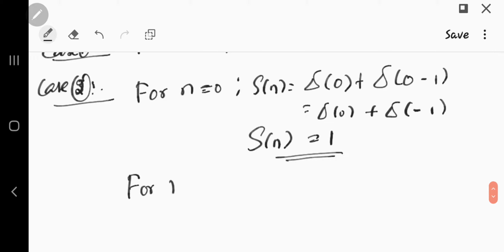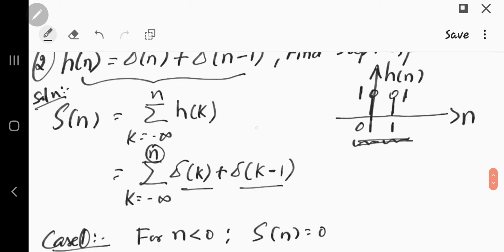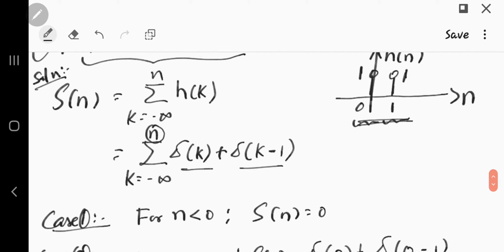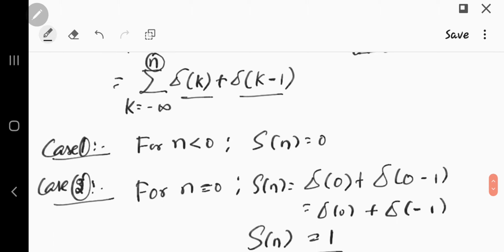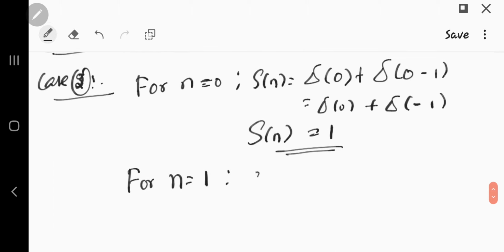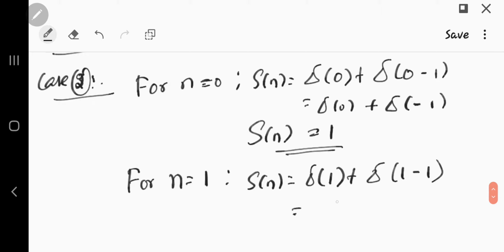Next, for n is equal to 1, because the signals are present only for these values, n and n minus 1, 0 and 1. So then what happens to S of n? Let me elaborate this. S of n is equal to delta 1 plus delta 1 minus 1, so delta 1 plus delta 0.